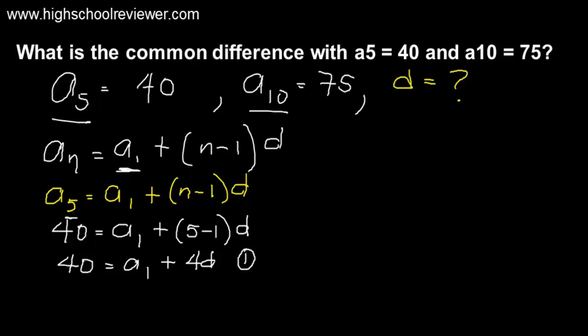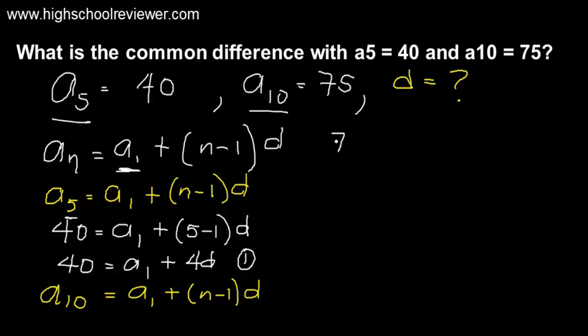And then we have here a sub 10. So the equation for a sub 10 will be equal to a sub 1 plus n minus 1 multiplied by d. The value for a sub 10 is 75.